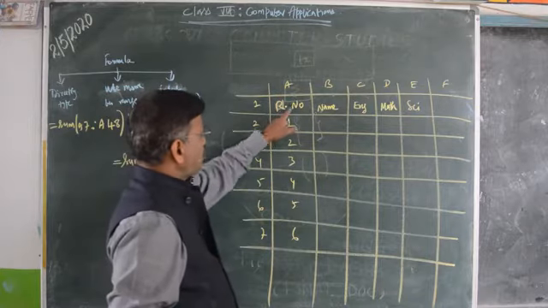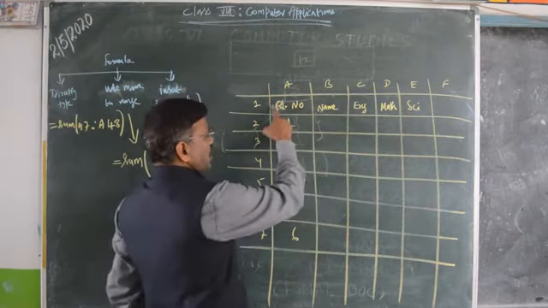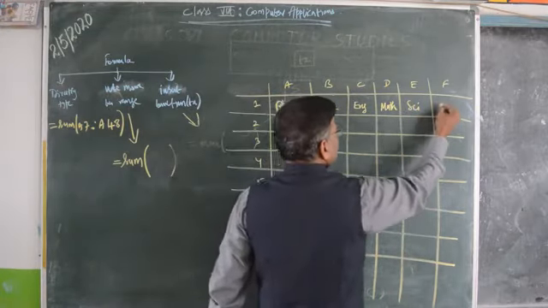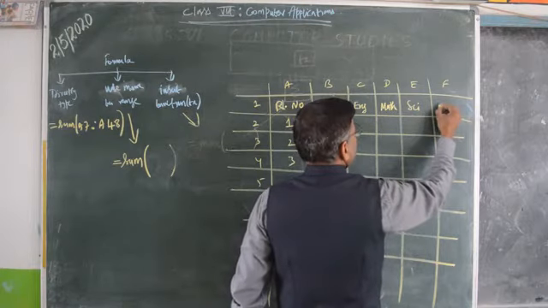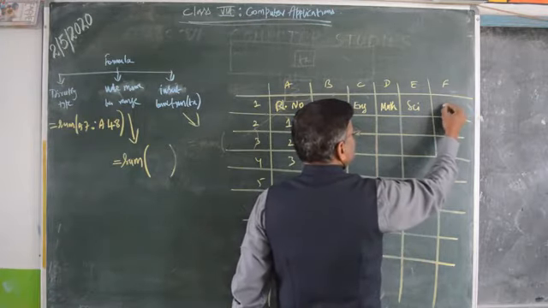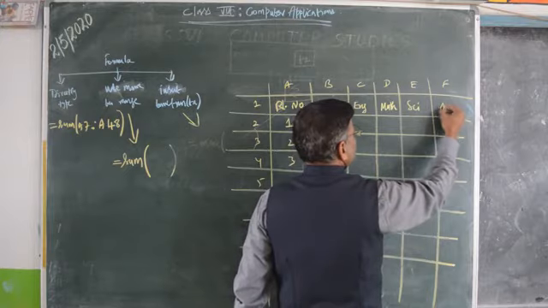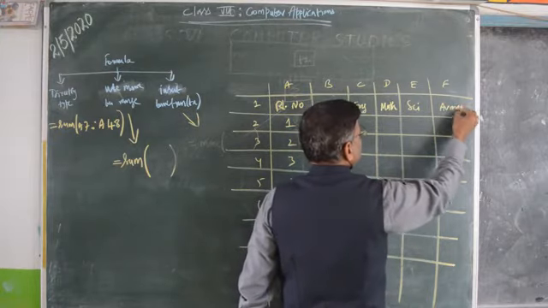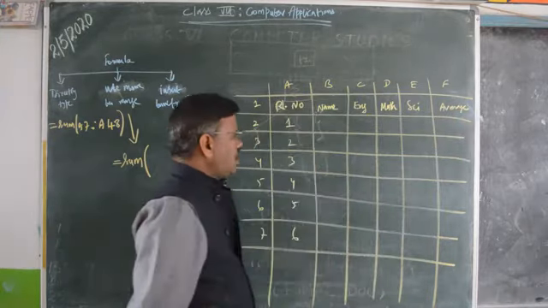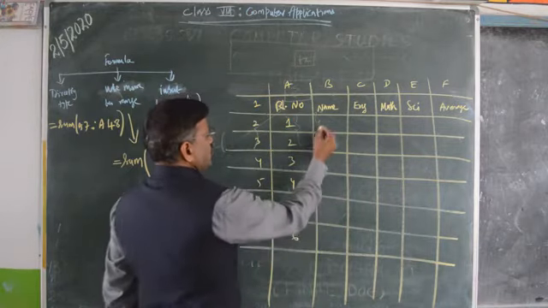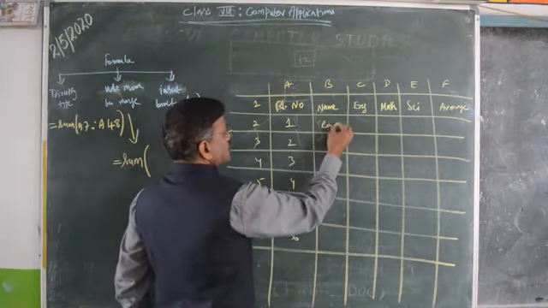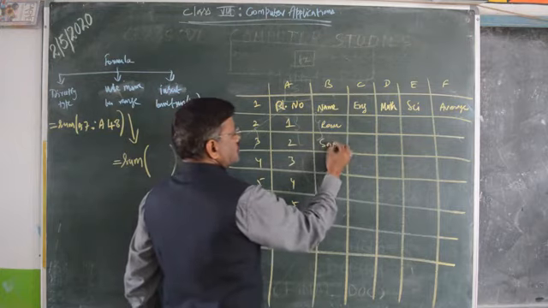Okay, now this is what you created. You have a range of this one. Here I wanted to have, let's say, average. Now here what happens is Ram, Sam.